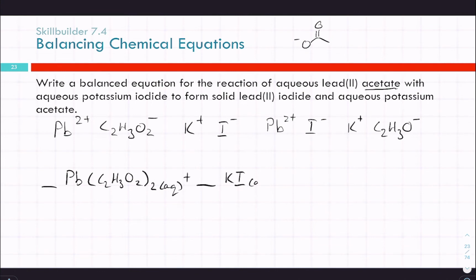That one's nice, because we have a 1+ charge and a 1- charge, so they're 1 to 1. And then those are going to form lead iodide. Lead has a 2+ charge, iodine's 1-, so we need 2 iodines to balance the charge of lead. And then this is just going to be potassium acetate.